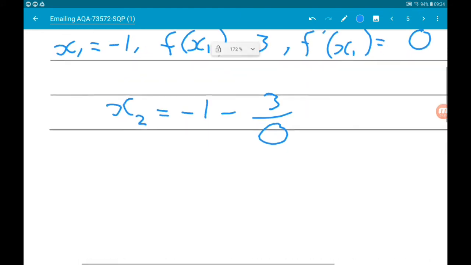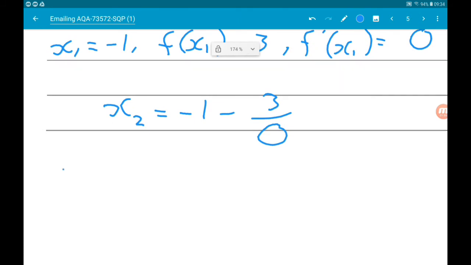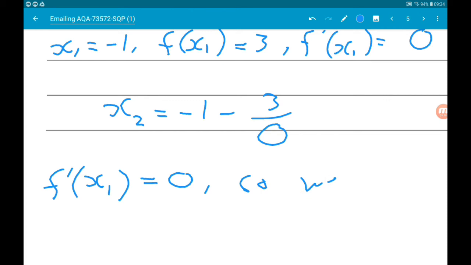So we would want to say that f dashed of x1 would equal 0, so we can't calculate x2. Anything like that would be fine.